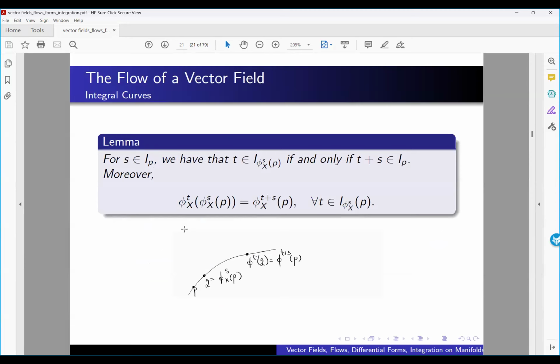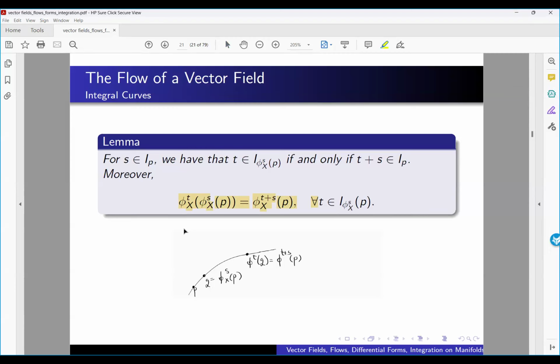Let me write this. Phi x of t means that you are at moment t.